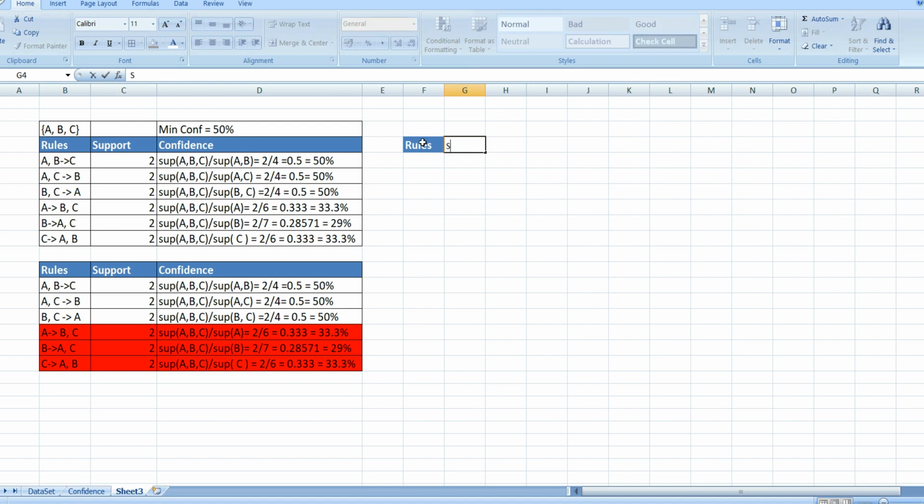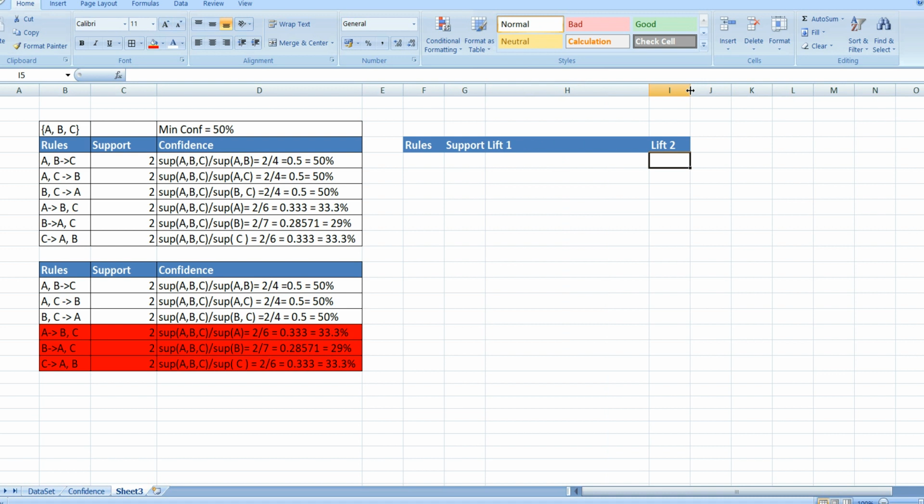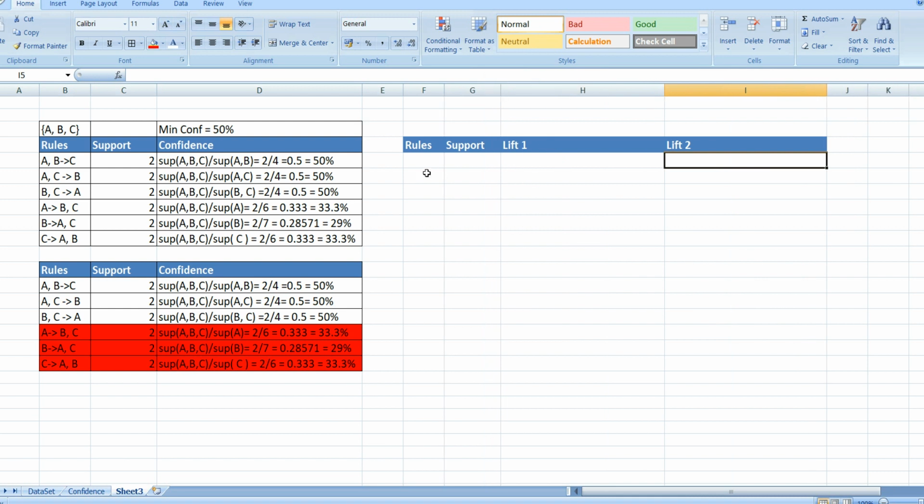I would also want to put their support, the lift, and then let me just say lift 1 and then lift 2. I will explain more why I have got 2 lifts. In my formula, I have given 2 methods. So let's see how the results will appear.